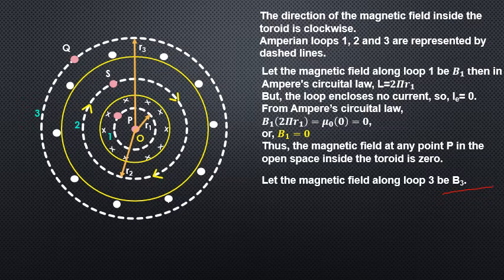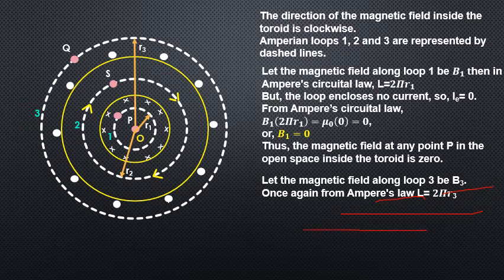Again, the perimeter of this Amperian loop 3 is 2 pi r3 because its radius is r3. And again we apply the same logic, because here the current is enclosed only within the toroid, and that's why the current coming out of the plane is equal to the current going into it.